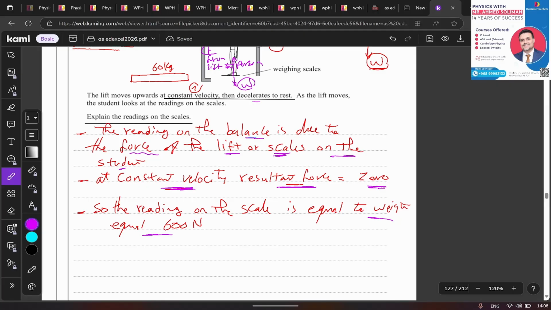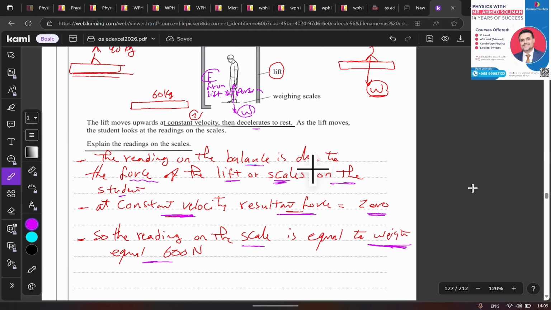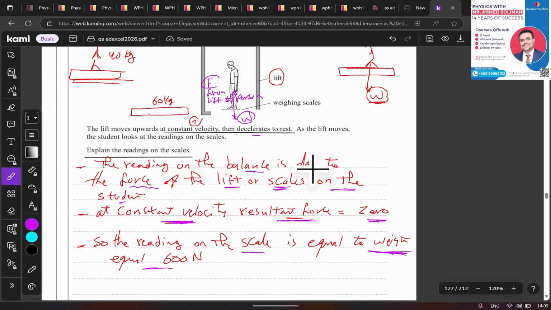It means the force downward, which is weight, equals the force upward, which is the reading of the scale. This is why I start with defining what the reading of the scale is. It's due to the force of the lift on the person, which is upward. Normal reaction force, upward.